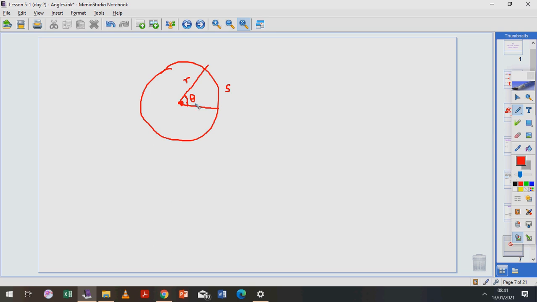Whatever angle I have here is defined as the ratio of the portion of the circumference that it subtends divided by the radius.